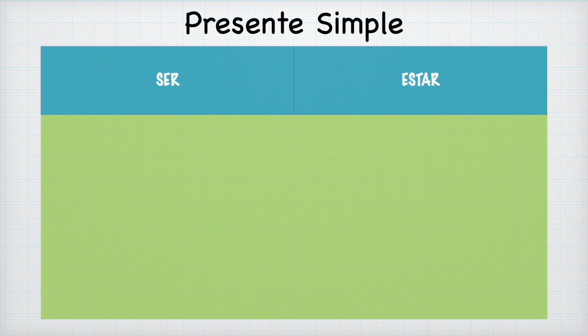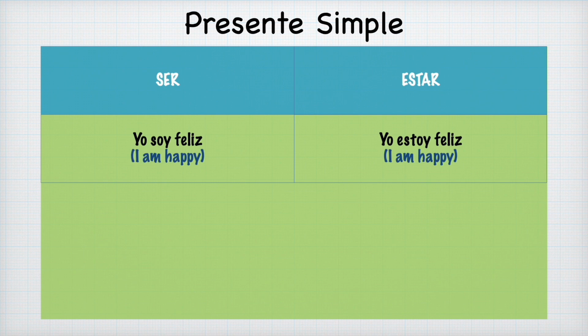Because both of these verbs mean to be in English, it can get a little complicated. The more you practice, the better understanding you'll have of which one to use with what. We can say, yo soy feliz. I am happy. But we can also say, yo estoy feliz.